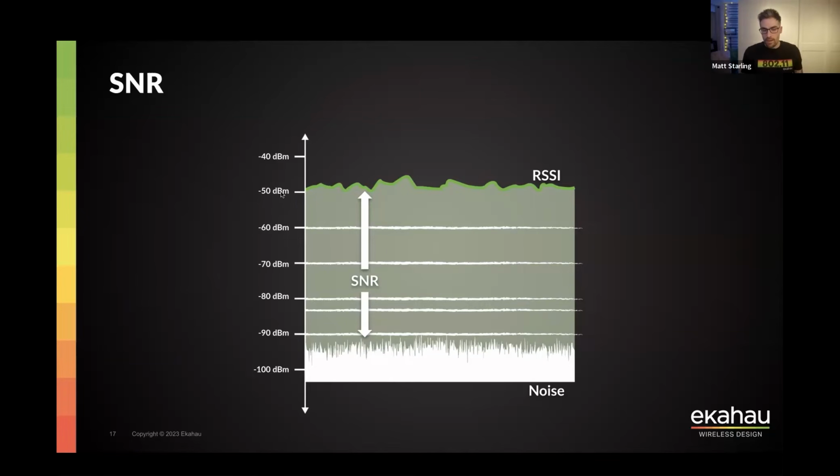So if you've got the RSSI value as -50 dBm, and we've got a noise floor all the way down here at -95 dBm, well, what SNR is, that difference between where you receive the signal to the noise floor. So in this example, if it was -50 dBm as the received signal strength, you would have an SNR value of 45 dB.